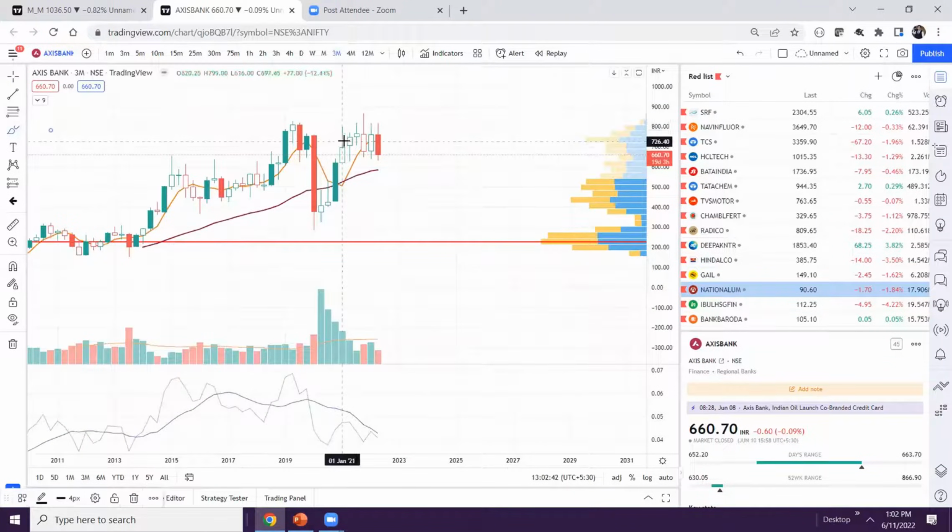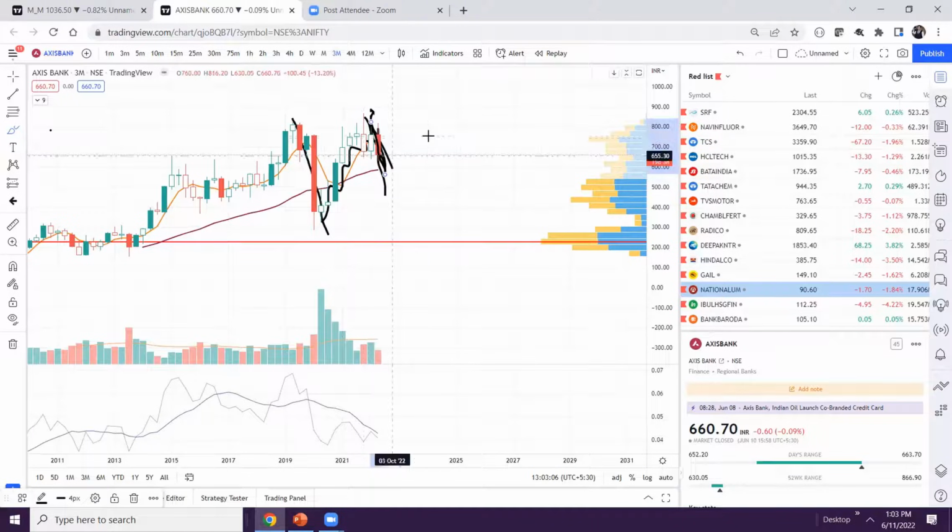See, this is a fast move down. Then this is B. So what are you expecting? C. So this is C. You don't know whether this will end here, it can go down, but this is C, right? So you are expecting it to go down.